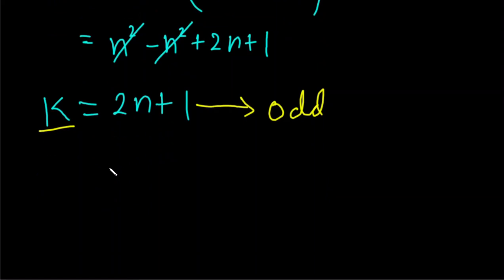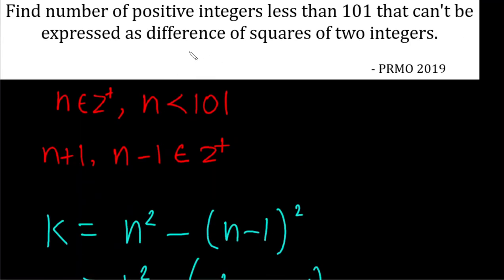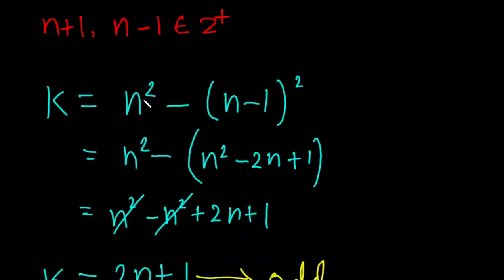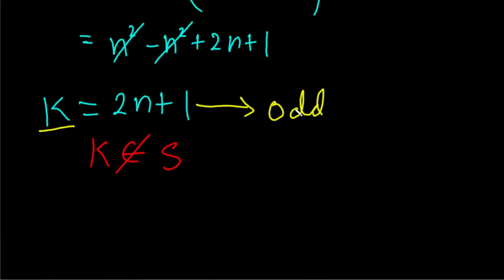So k does not belong in our solution set, because our solution set consists of positive integers which can't be expressed as a difference of squares of two integers. So we've just eliminated all odd numbers from our solution set.